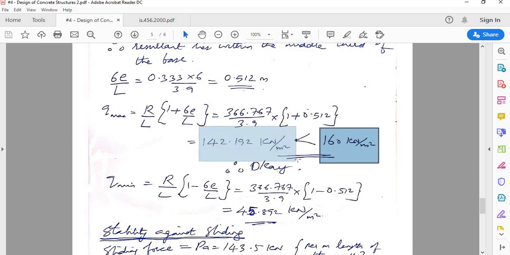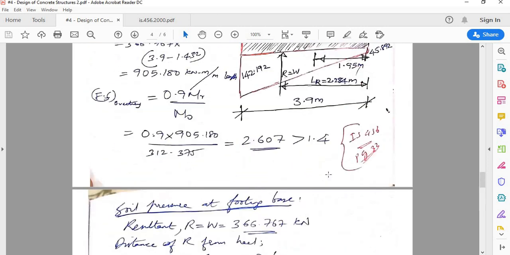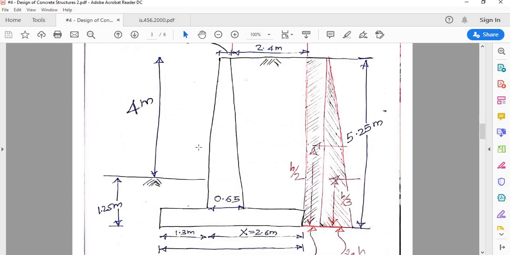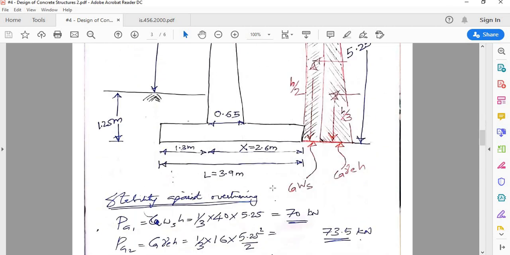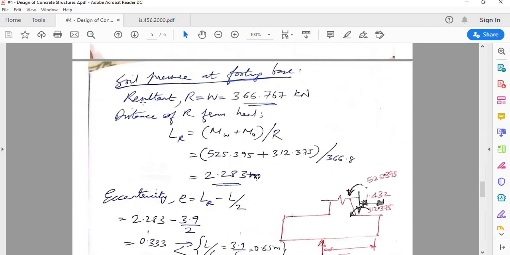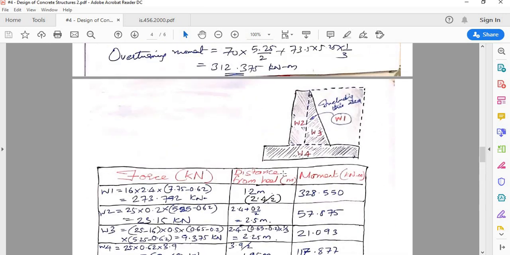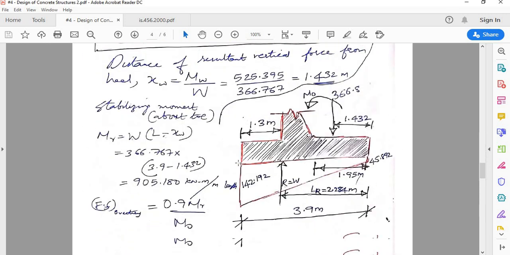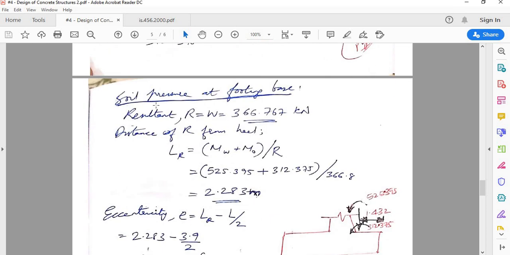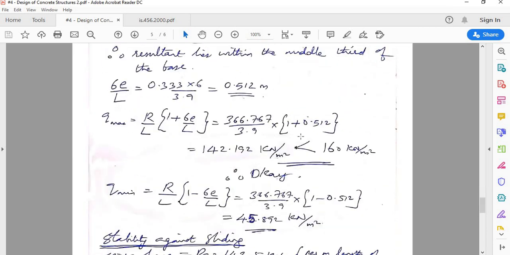So maximum pressure is lesser than SBC, which means it is okay. The proportioning of the foundation of the retaining wall with regards to the soil bearing pressure is also okay. So we have checked two things. First we have checked overturning moment, and then we have checked the soil pressure under footing. That is also satisfied, maximum is lesser than the allowable.